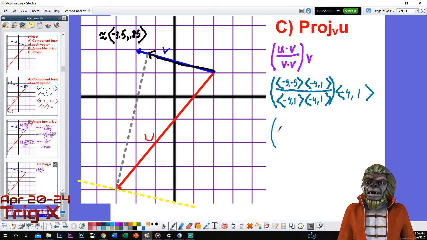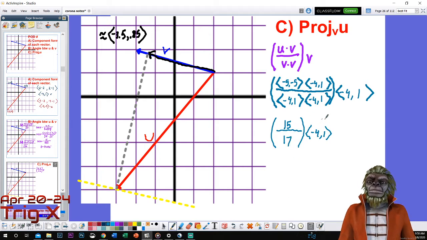Alright, let's do our dot products on the top and the bottom. That negative 4, 1 is just going to be copied. Alright, negative 5 times negative 4 is 20. Negative 5 times 1 is negative 5. So I've got 20 minus 5, 15. I feel like we just did that. Then down here I've got 16 plus 1 is 17.